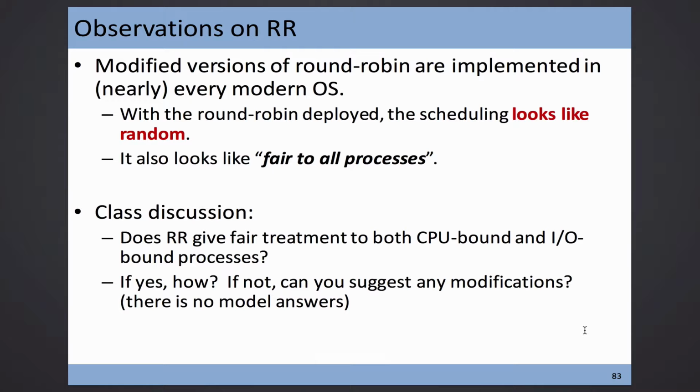Also, another observation is RR is fair to all processes. By the way, some points are worth discussing. What is the fair treatment between CPU and I/O here? Does it reflect in RR? Actually, the RR scheduler doesn't care about I/O bound processes.